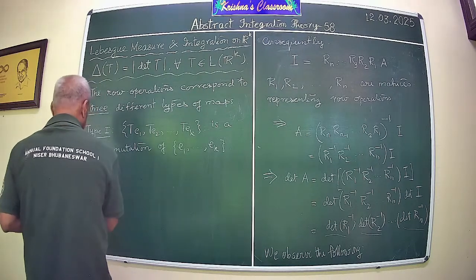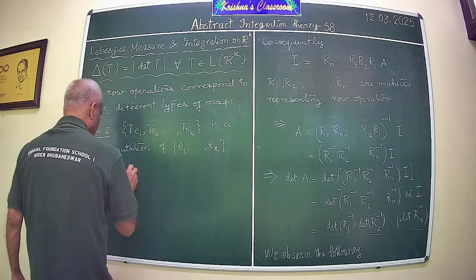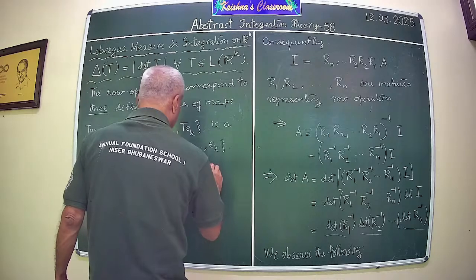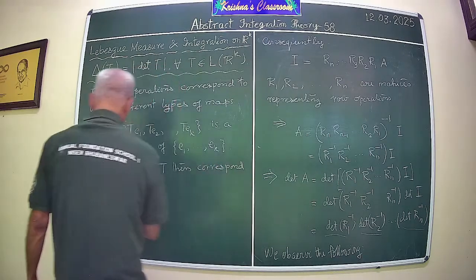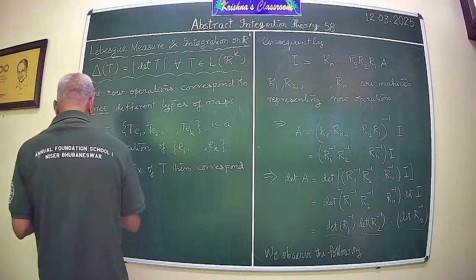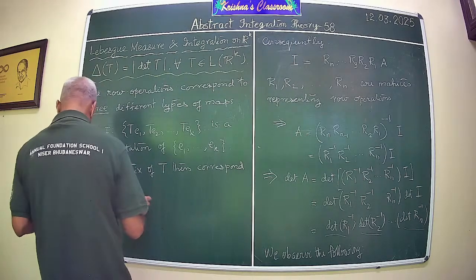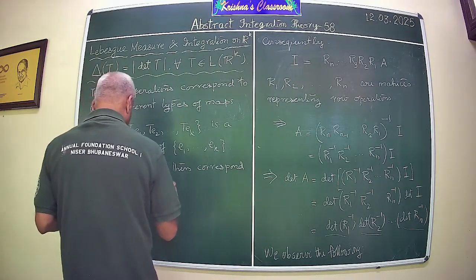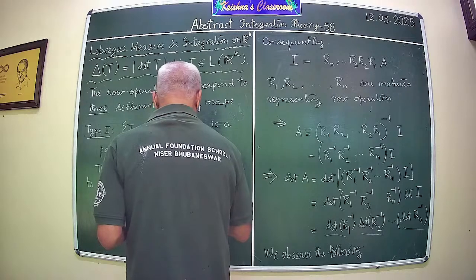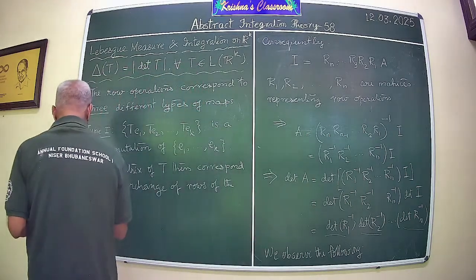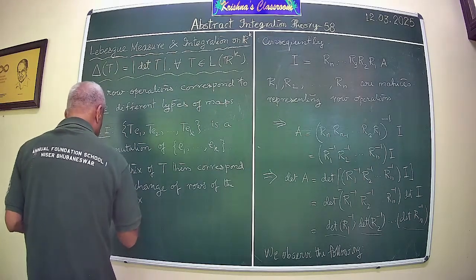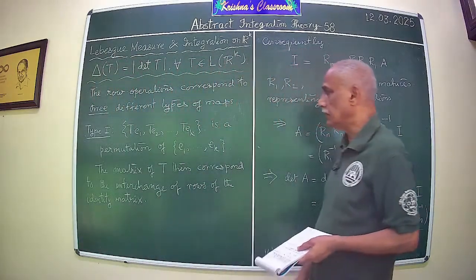The matrix of T then corresponds to the interchange of rows. So what you have is T1, T2.